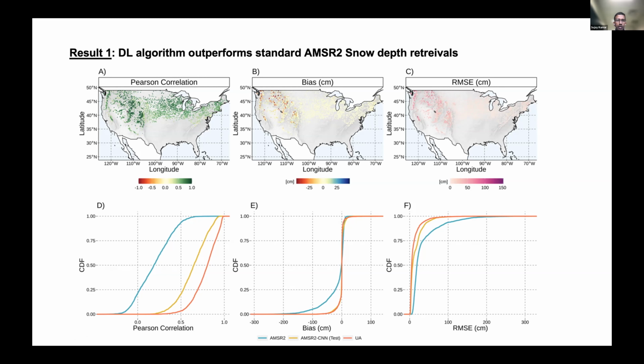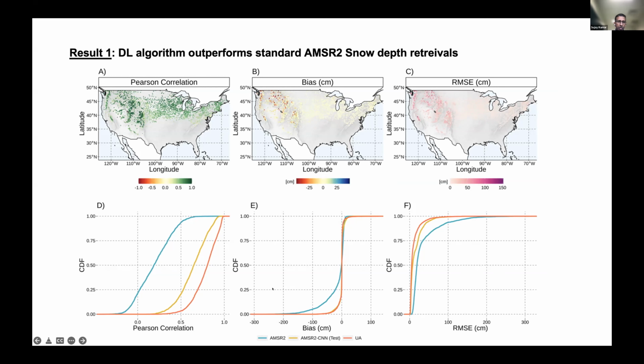Again, I want to emphasize that the training and the testing are completely independent. We present a portion of the available data to the machine learning algorithm for training, and the remaining data is used for evaluation. The correlations are fairly good with low biases, and RMSEs are also low.